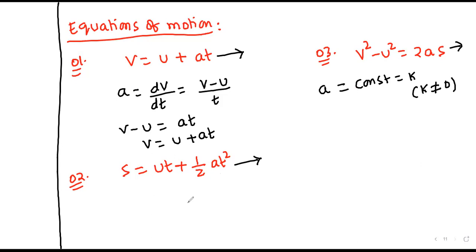And third equation, again final velocity equals initial velocity, because 2as is equal to 0. 2as is equal to 0.